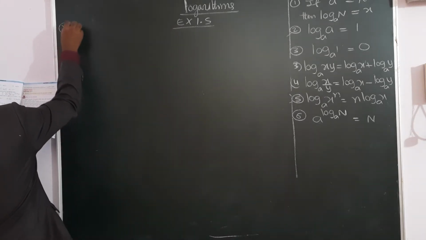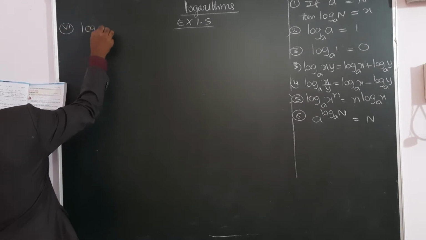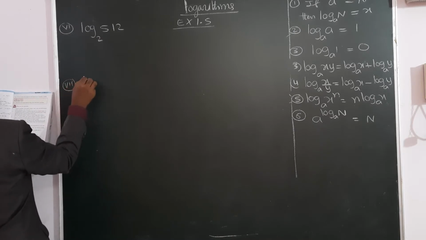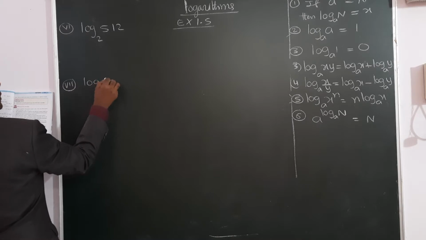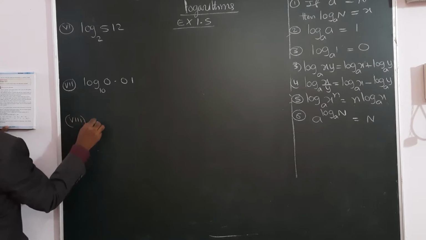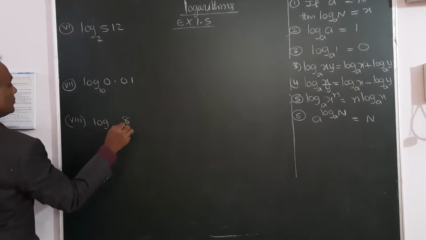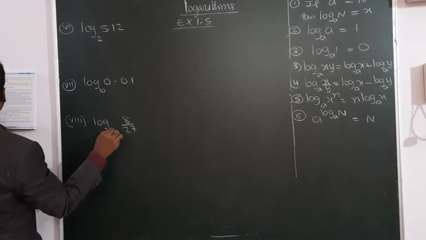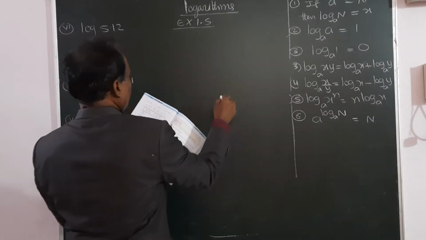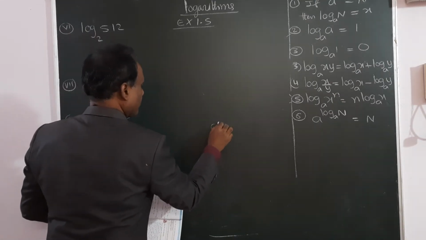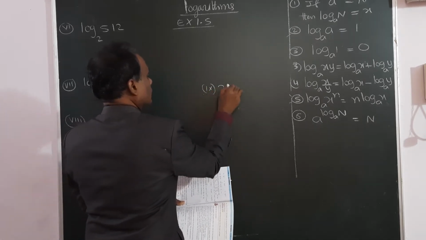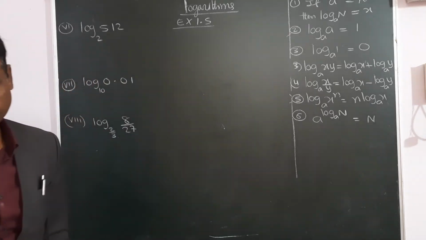This is the 6th bit: log 512 to base 2, log 0.01 to base 10, and log 8 by 27 to base 2 by 3. Let me solve these 3.